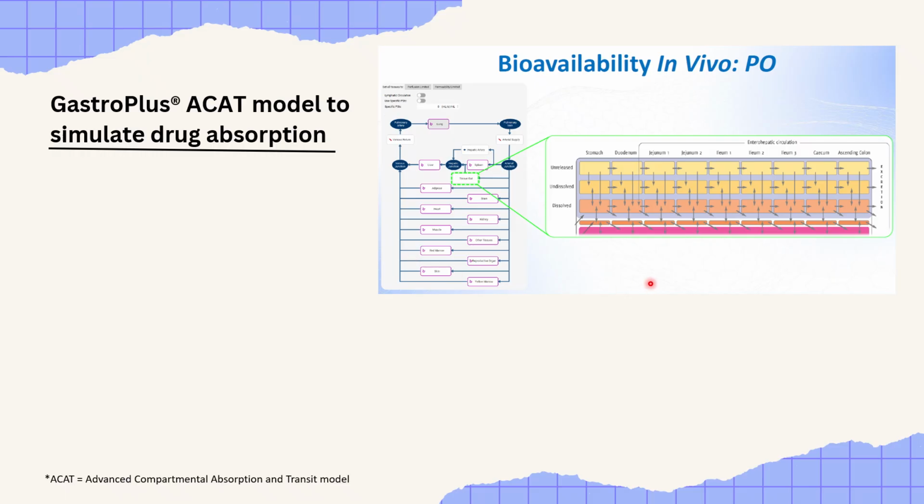This ACAT is represented by 9 GI compartments: stomach, duodenum, jejunum split into 2 compartments, ileum split into 3 compartments, cecum, and then ascending colon. Each of these 9 compartments is defined by unique pH values and transit time.